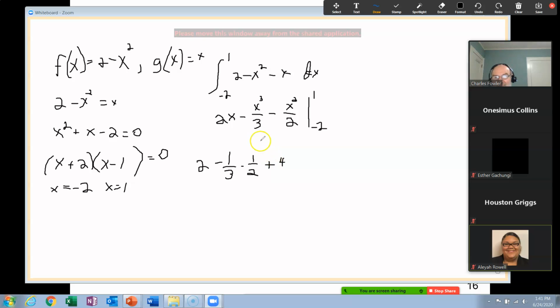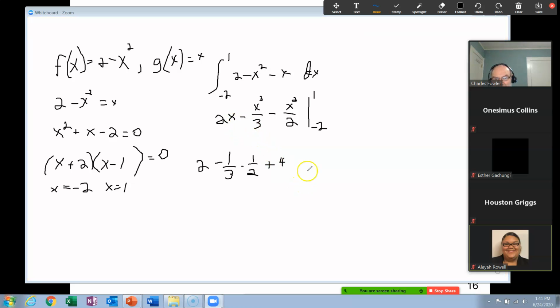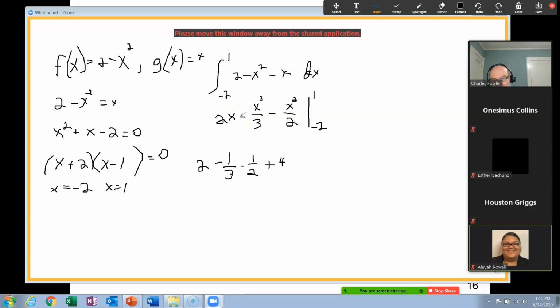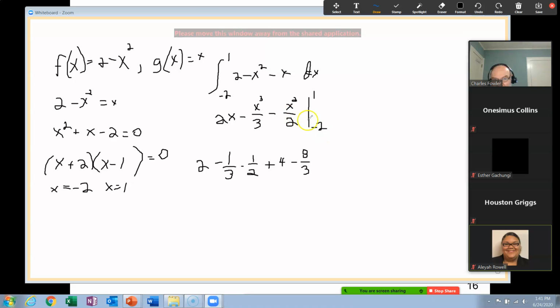Okay. Then you have the minus, because you're using the -2, the lower bound, minus a minus would give you a plus, but then when you put a -2 up here, that would be a -8, so that turns out being a -8/3. Now that's a lot of minusing going on there, and hopefully you followed it all. The first minus is because you're using the lower limit. The second minus is the one that was here. That got you to a plus.